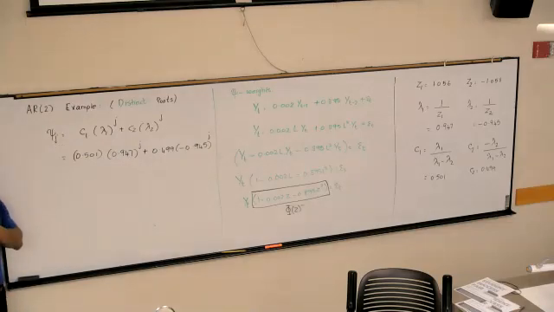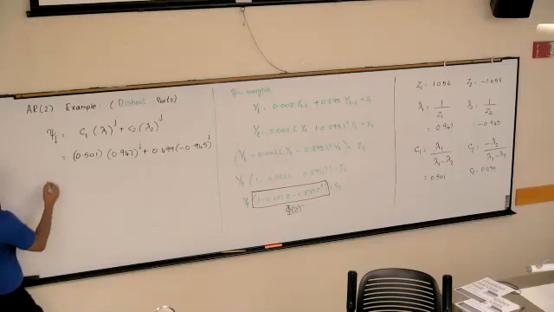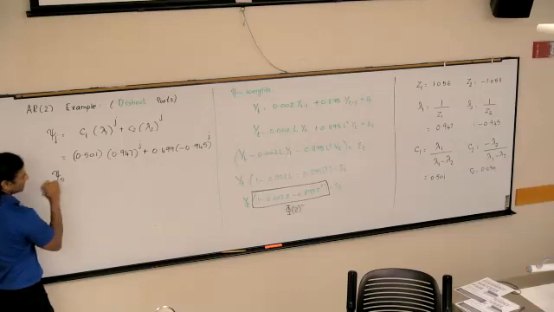How do we test if our answer is right? The first should be 1. Psi 0 must be 1.